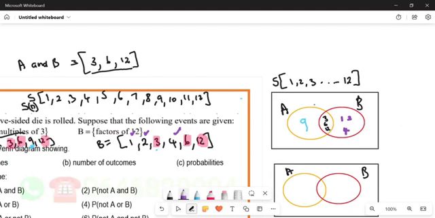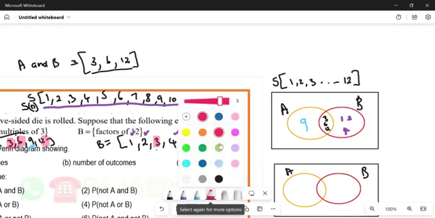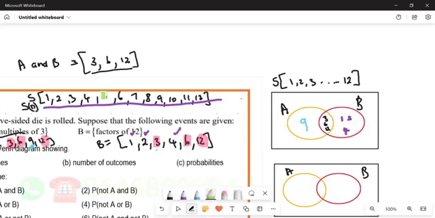Out of all the values that we have used here, are there any values that we haven't counted which are here on the sample space? Let's highlight those ones. What are the values that we haven't used? We haven't used 5. Okay, who else did we not use? We didn't use 7. Who else? We didn't use 8. And we have 10 and 11.